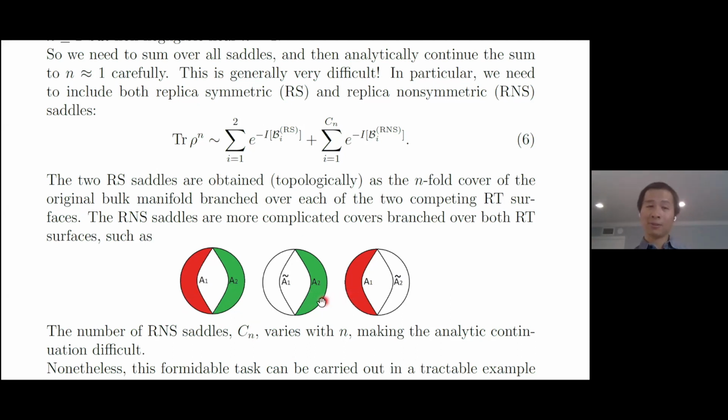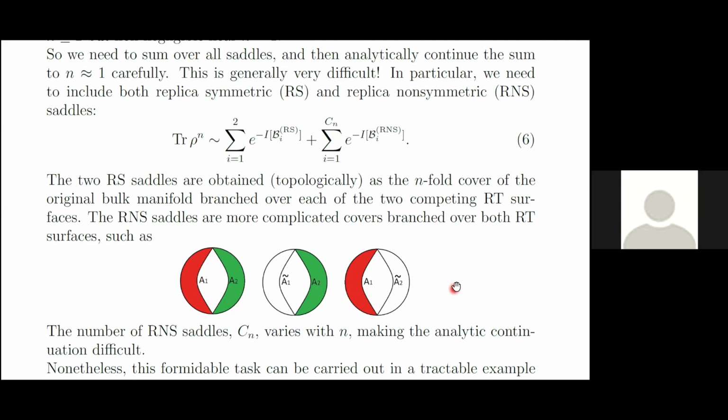And we do the same for the green region. You can check that this is a topology that satisfies the replicated boundary condition. But it doesn't respect the bulk replica symmetry, the Z3 replica symmetry in the bulk. So it's a replica non-symmetric saddle.